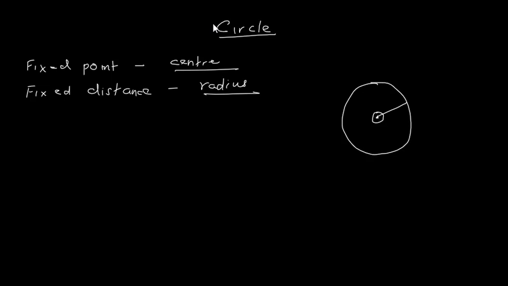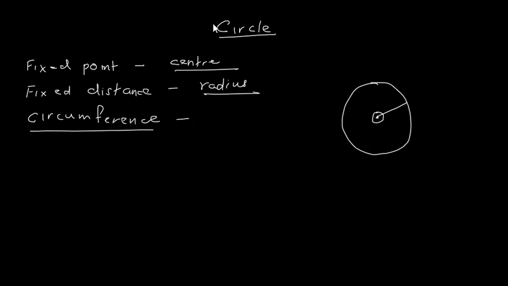Now this length of the circle is called the circumference of the circle. So circumference is what? Circumference is this outer length.